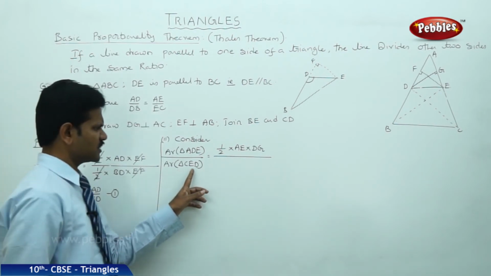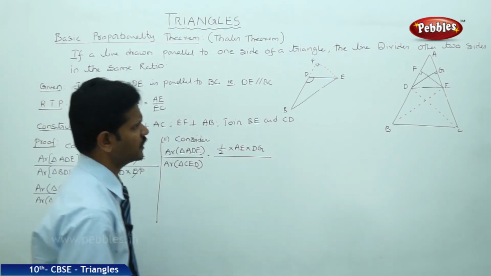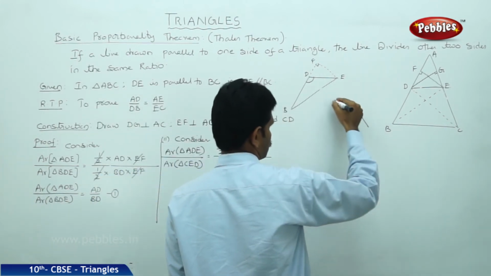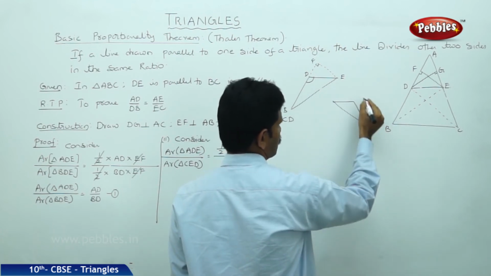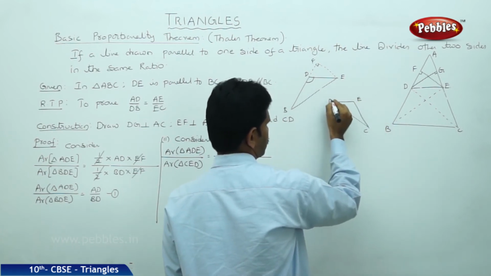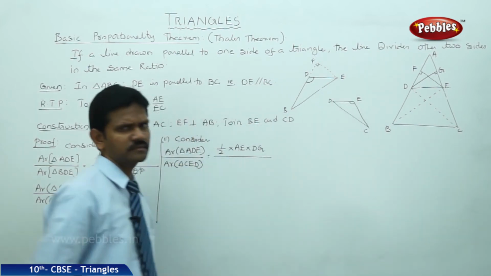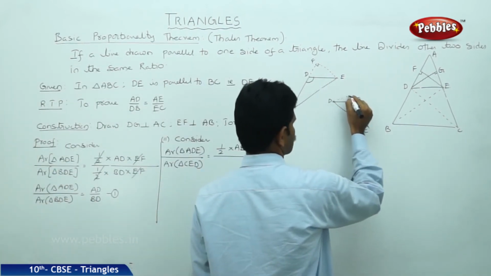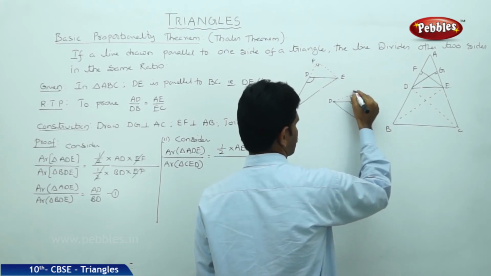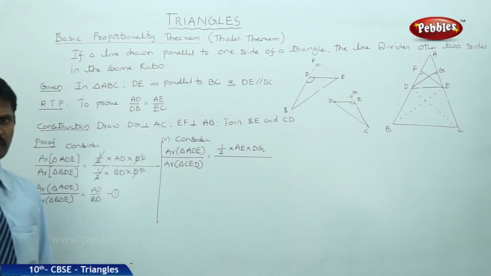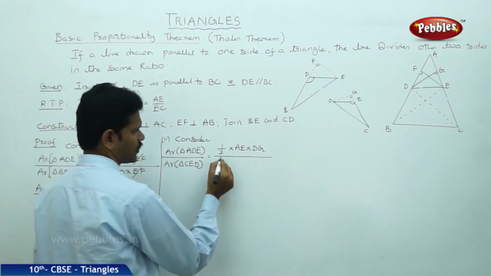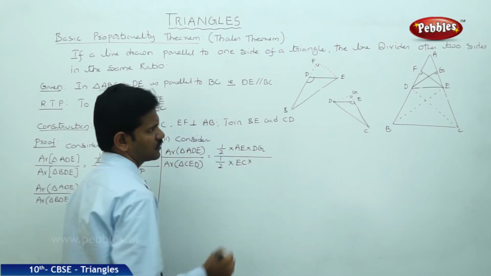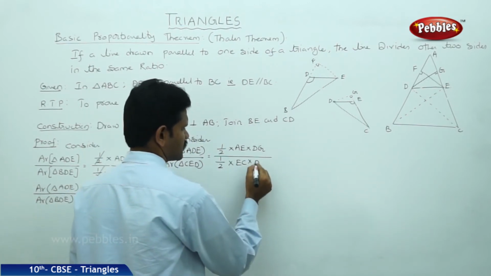Now let us consider CED, which again has an obtuse angle. For an obtuse angle the altitude lies outside, which is DG. That is, half into base EC into height DG.